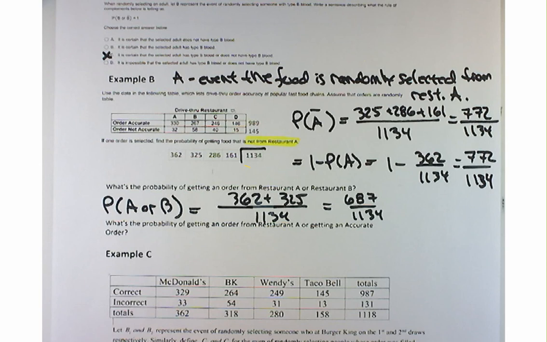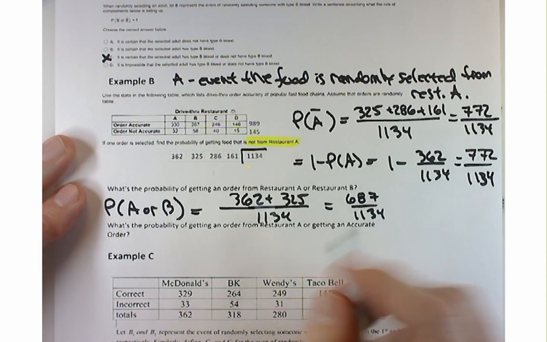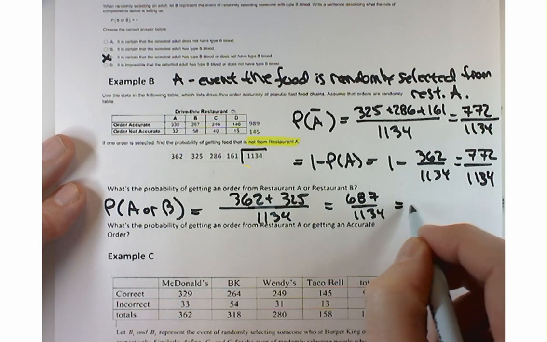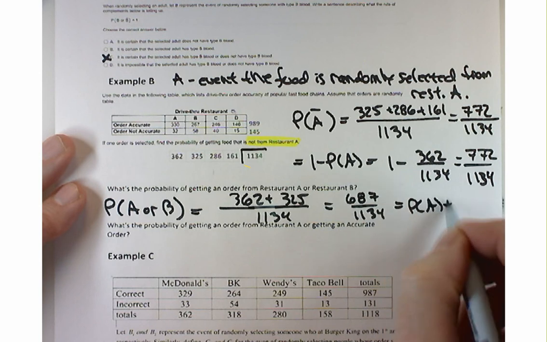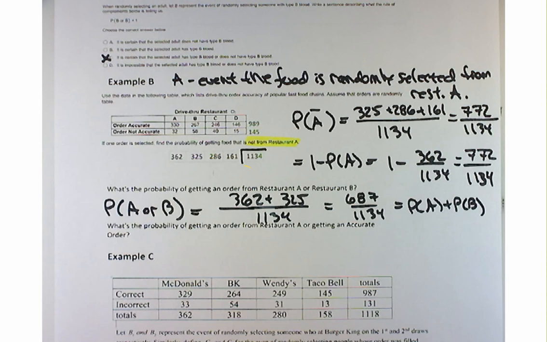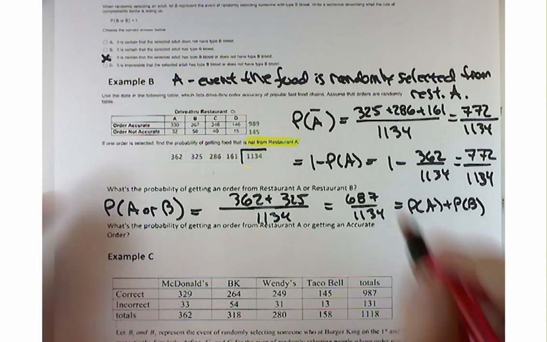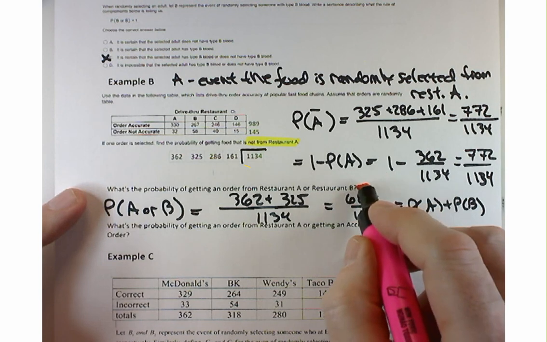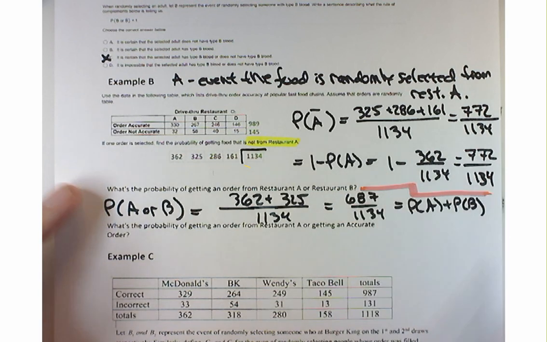Coincidentally, in this one, it's also equal to the probability of A plus the probability of B. If you calculate it like that, you would get the exact right answer. But that's not always going to work. Let's see an example where it doesn't work.